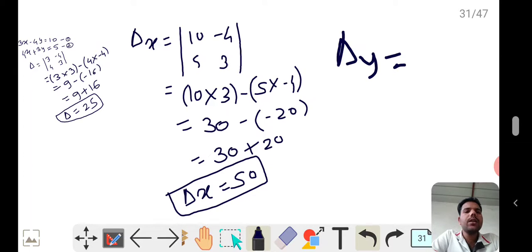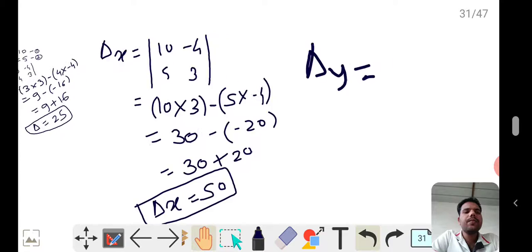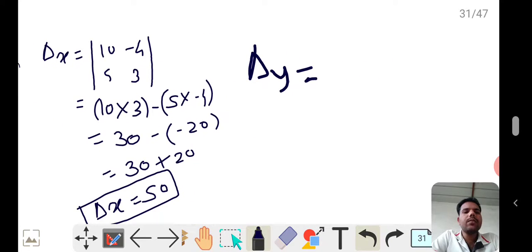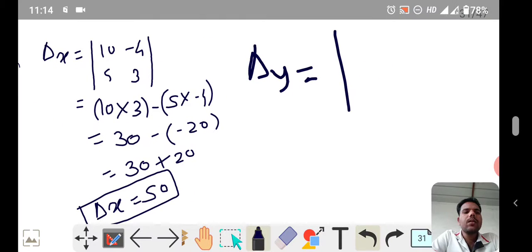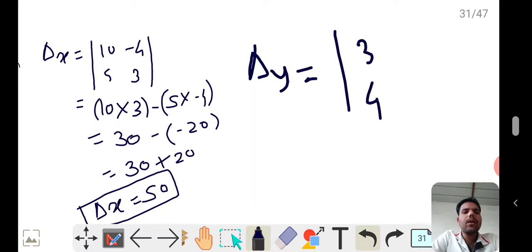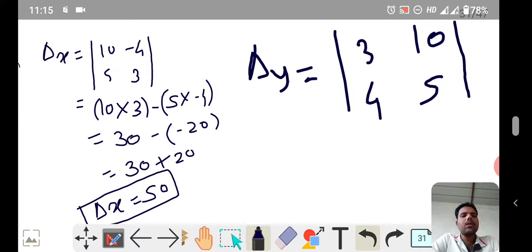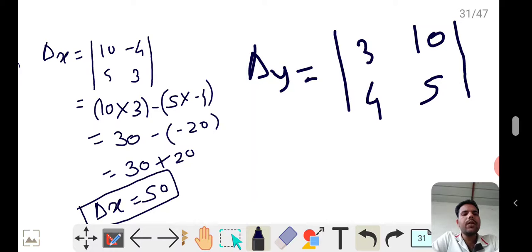So we will get the determinant with 3 4 in the first row and the constant terms 10 5 in the second row. We will get the delta y value by solving this determinant. So let's solve this determinant.